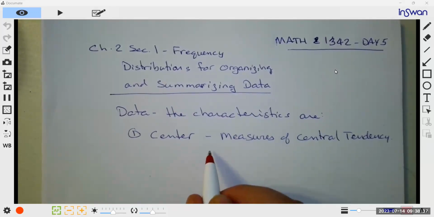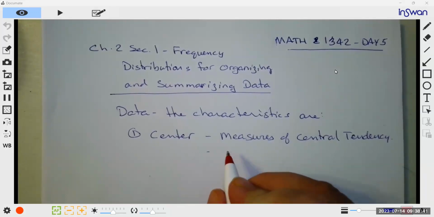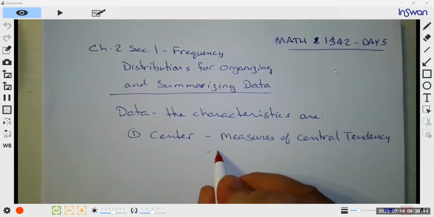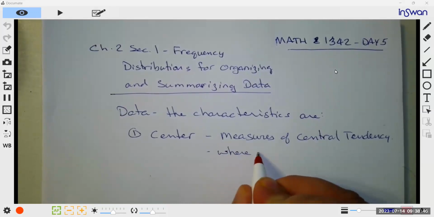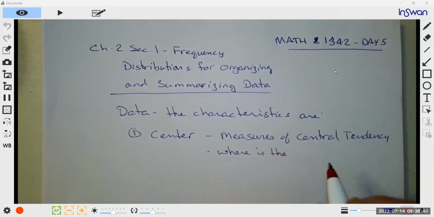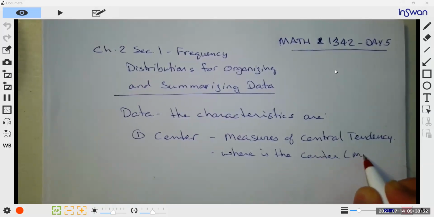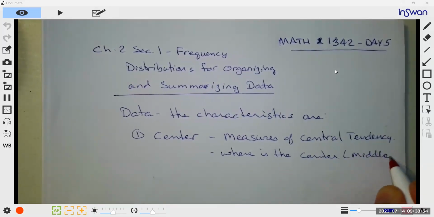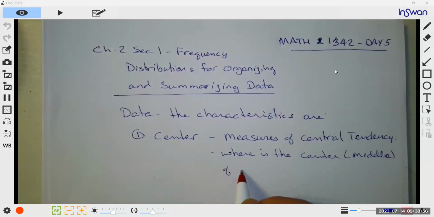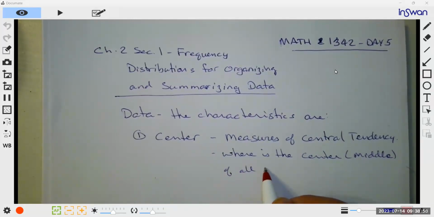What that looks for is, okay, we have the data, we're going to see where is the center or the middle of all the data.